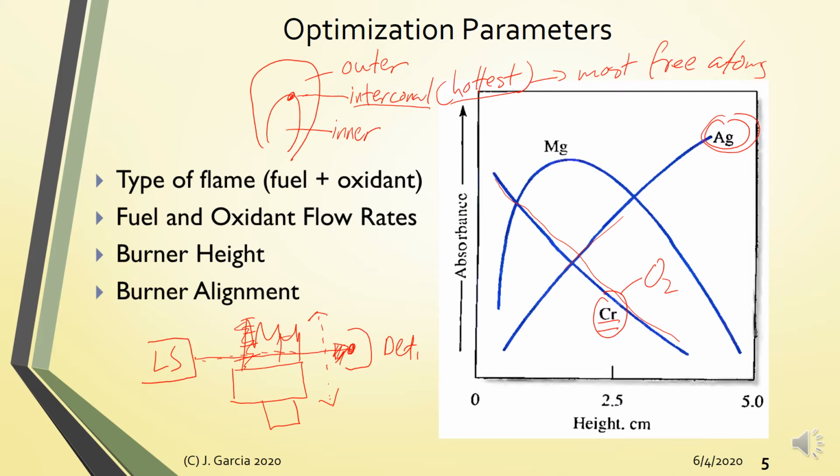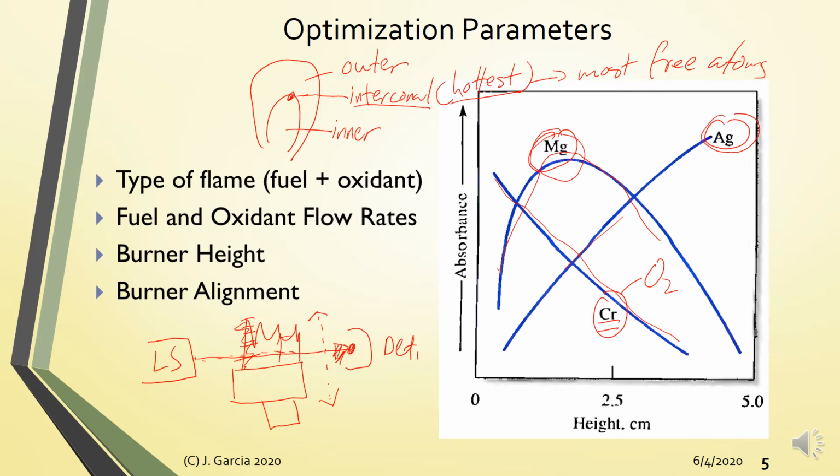For magnesium, as you can see, you have a sort of parabolic trend. Why? As you increase the burner height, you're going to the hotter part of the flame. You are producing more and more magnesium free atoms.